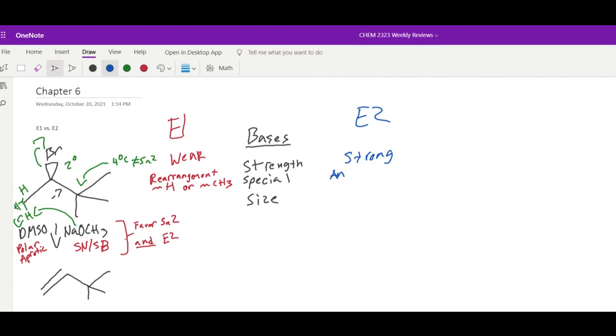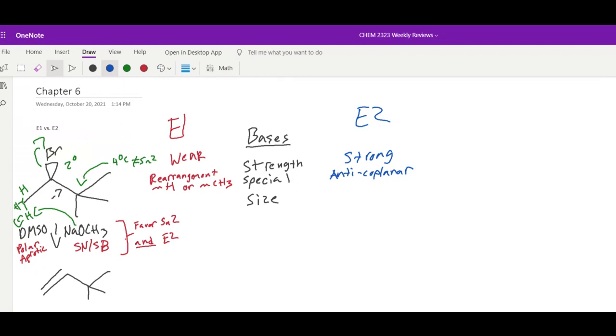All that means is it needs the leaving group and the proton that is being abstracted by the base to be trans from each other.